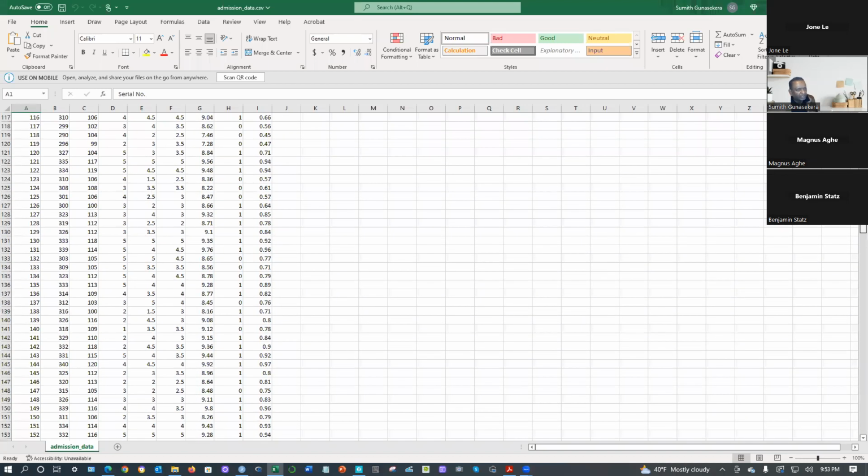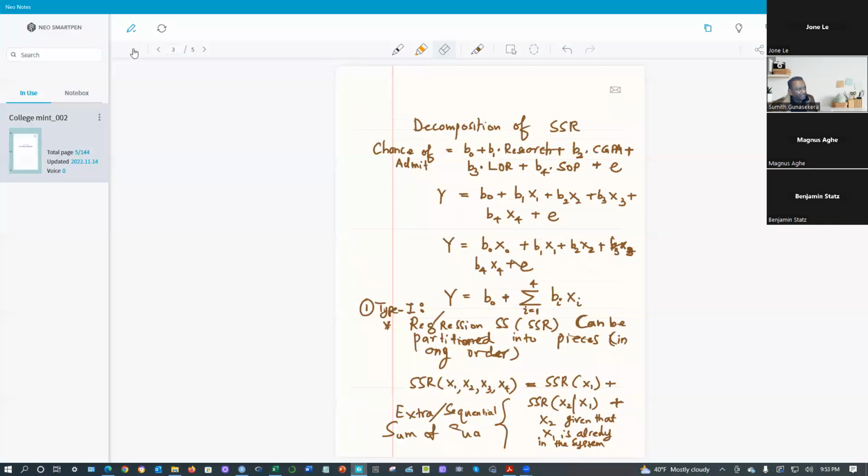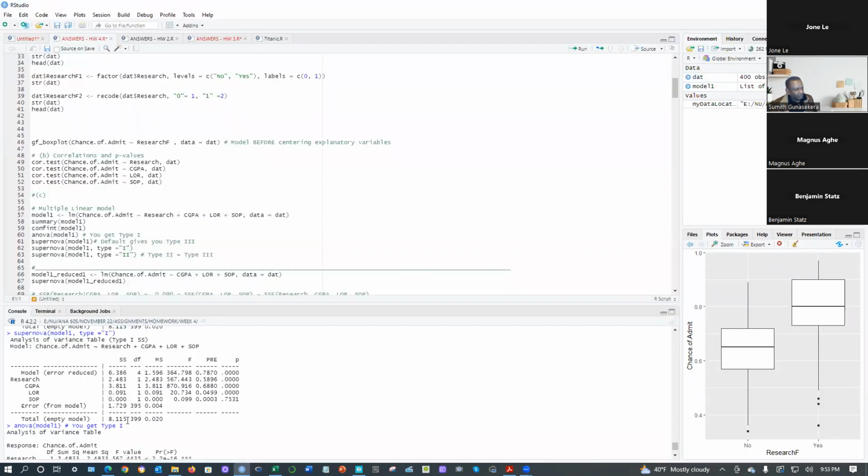Yes, 401. So this one is n minus the number of parameters to be estimated. N minus p. We know that one. P stands for the number of parameters. Parameters are how many? 1, 2, 3, 4, 5. And total is what? N minus 1 for sure. See, 400 minus 1.